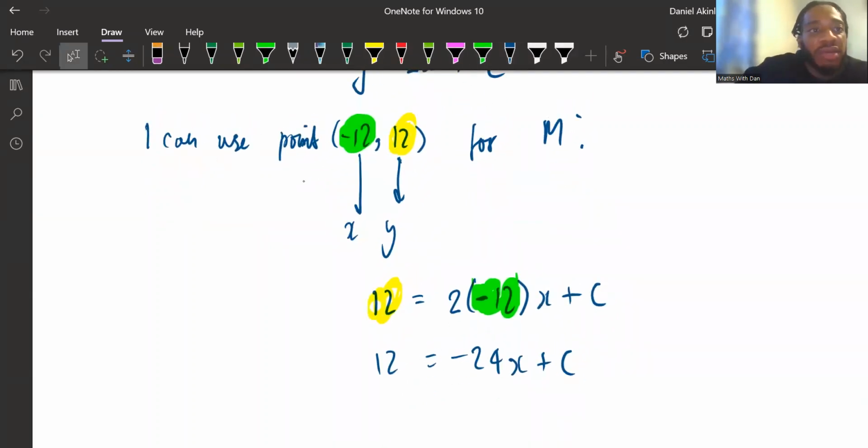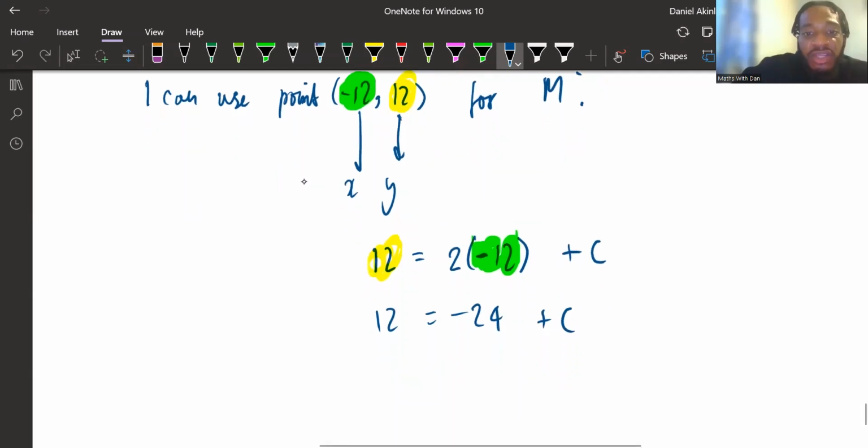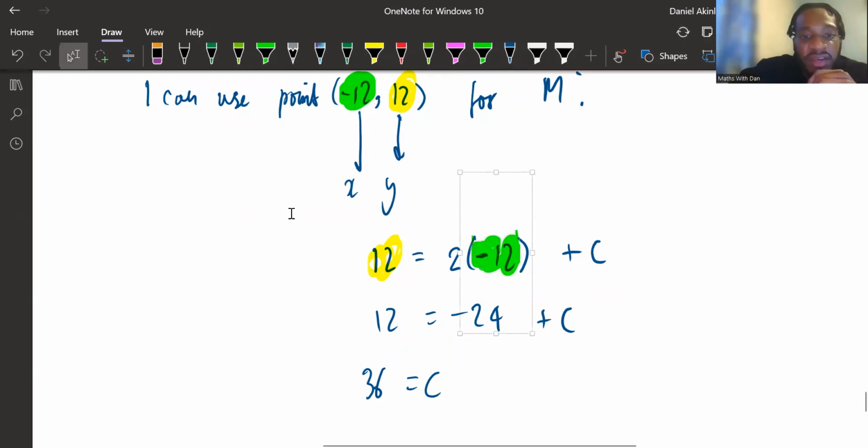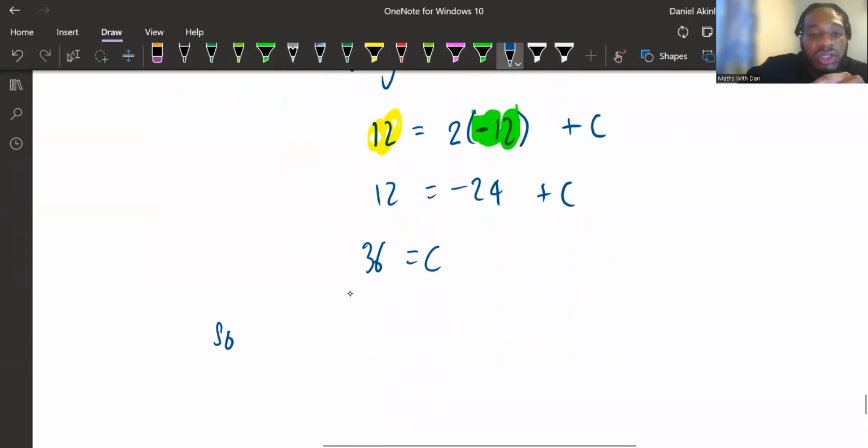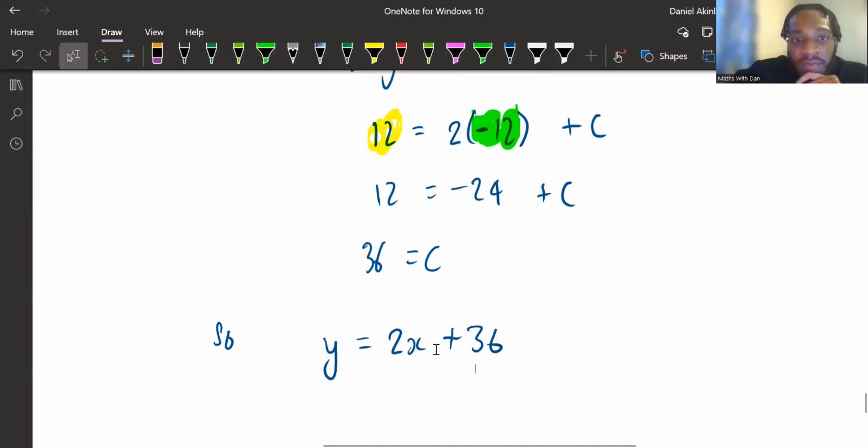Sorry, the x shouldn't be there. The x disappears when I plug it in, so that should be gone. So we have 12 equals minus 24 plus c, and adding 24 onto both sides, we get 36 equals c. So the answer is just 36. Let's make sure that is all good. Yeah, perfect. So c is equal to 36, and our answer is y equals 2x plus 36.